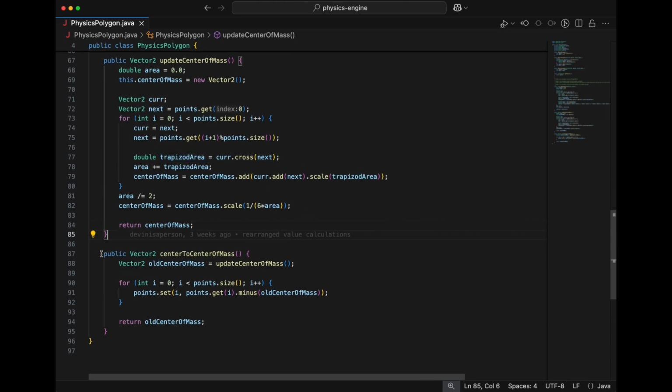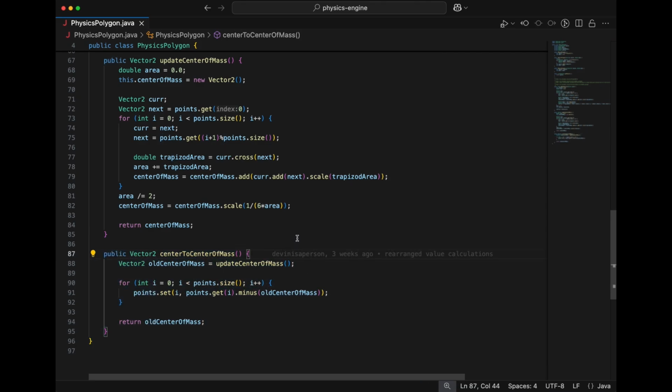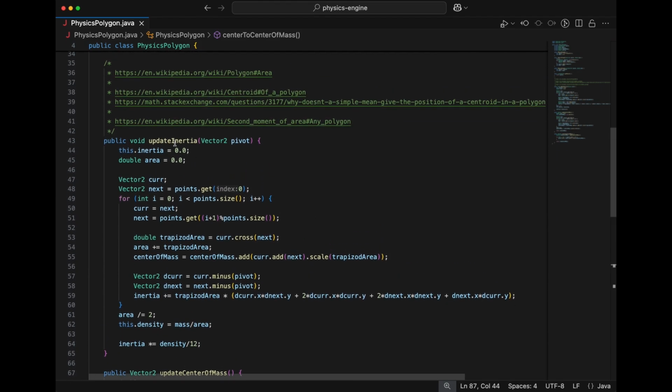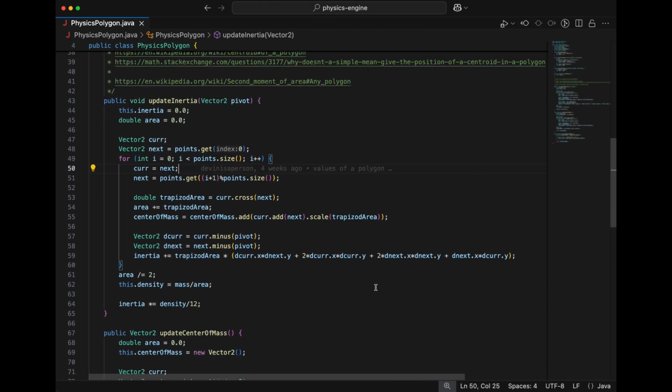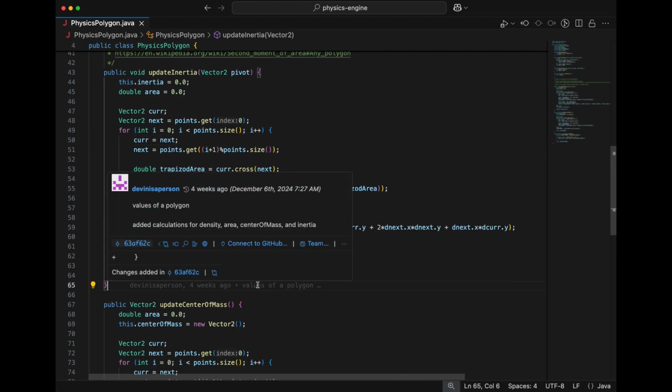At the end here, the way I've implemented this is that it will change the center of mass so that it's centered at 0, 0. Then update inertia works much the same way, also going through the entire list, doing a similar calculation and setting it at the end of the function.